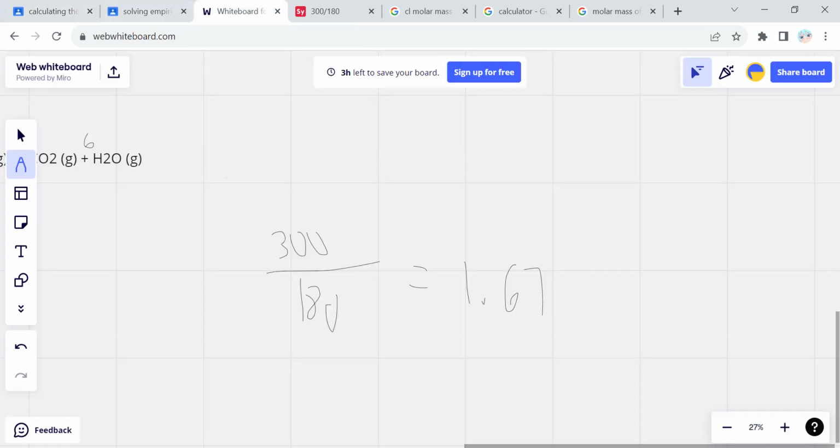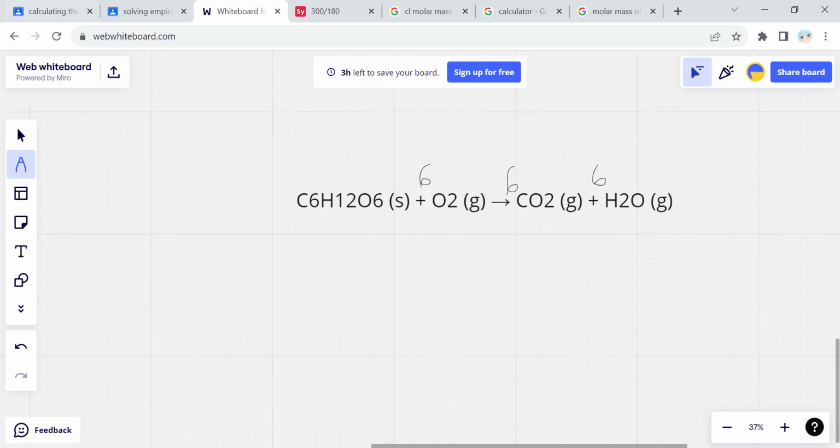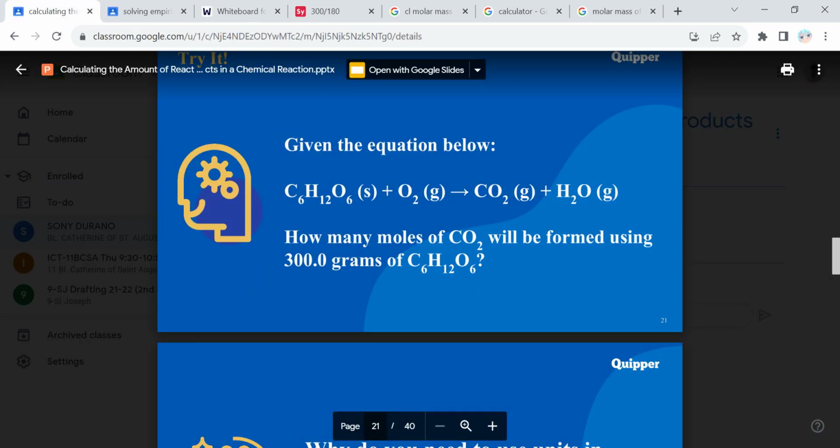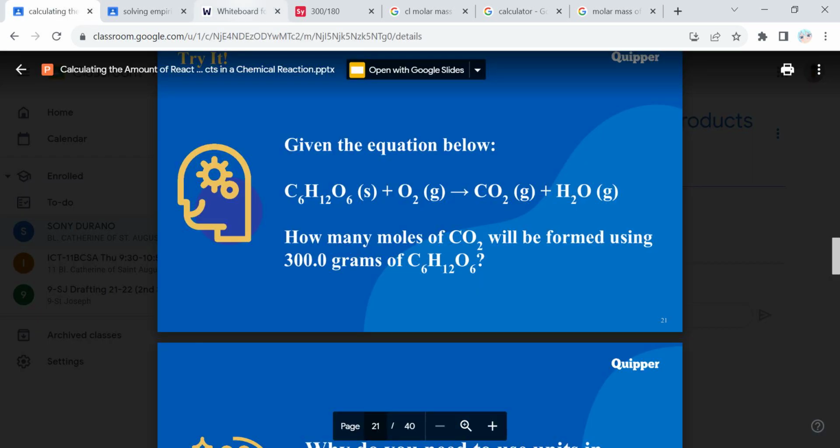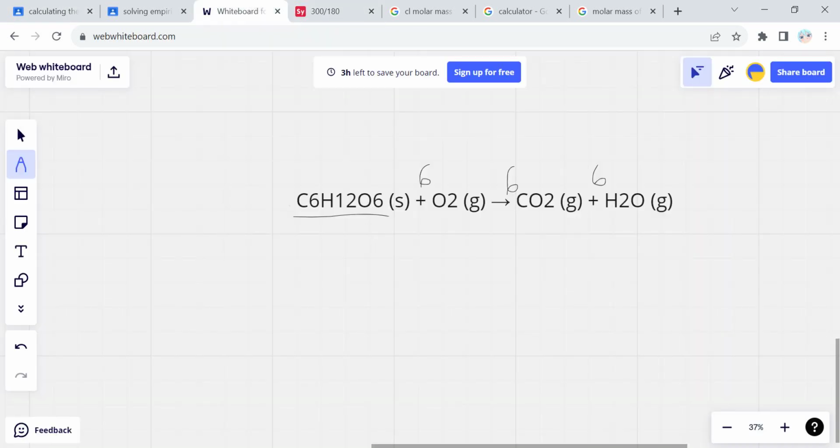So now, again, we look at the equation. How many moles of CO2 from the given one? For every 1 mole of this, we get 6 moles of CO2. So basically, if this is 2 moles, then this becomes 12. But it's only asking for 1.67.